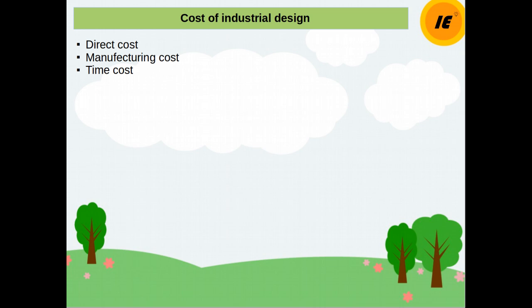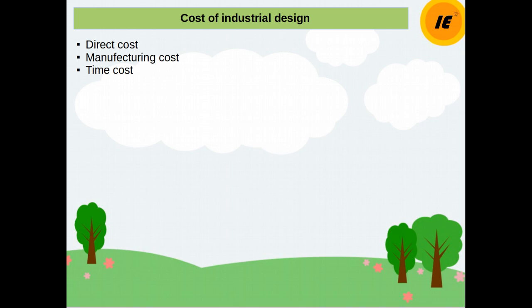So what happens is that a lot of corporations, small companies, hire an industrial designer; they don't have a permanent industrial designer working in their company, because it's not needed actually. So they hire them, and sometimes they give them money on an hourly basis, and depending on what kind of iteration you want and the various project requirements, the cost can be very different. So that's the direct cost.